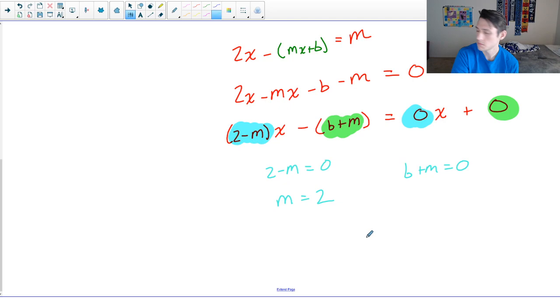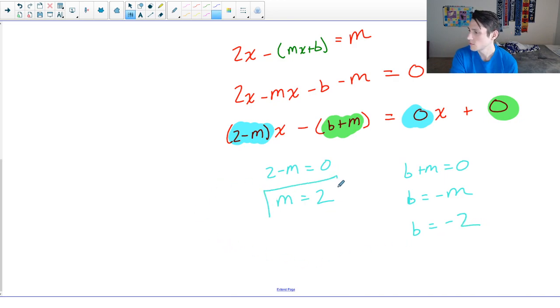So b minus m equals 0. Therefore, b equals m. But I already know what m is. m is 2, so that means b is 2.